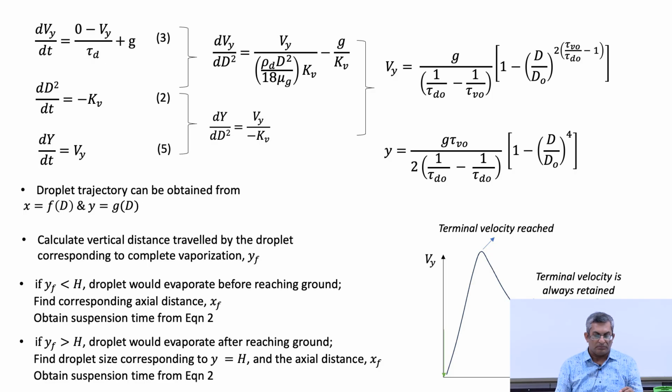However, if you are solving both energy as well as mass transfer equation, you have to ensure that this time scale or this delta t is smaller than the droplet vaporization time scale also.